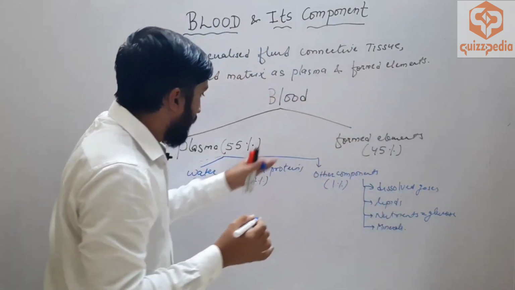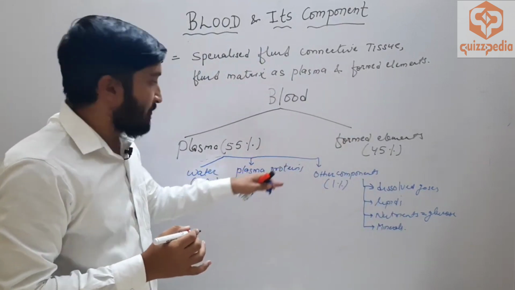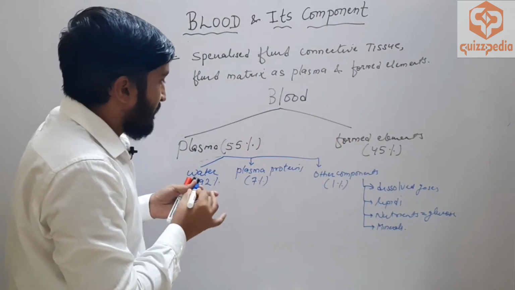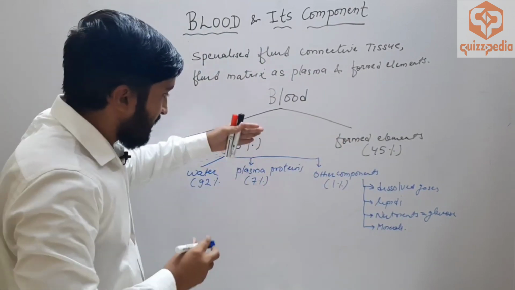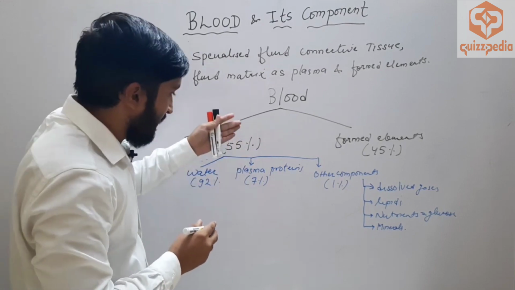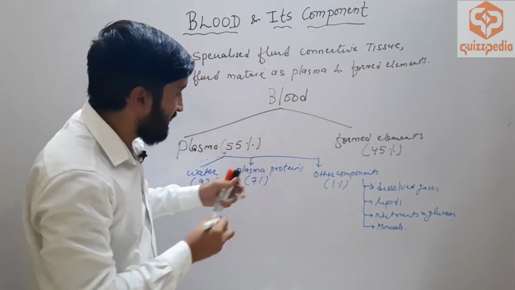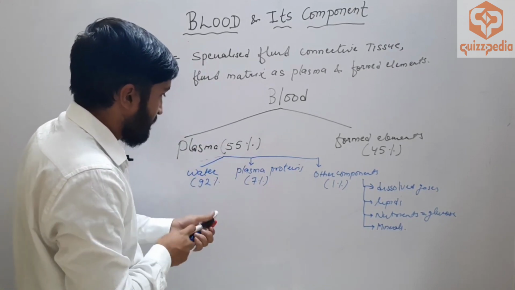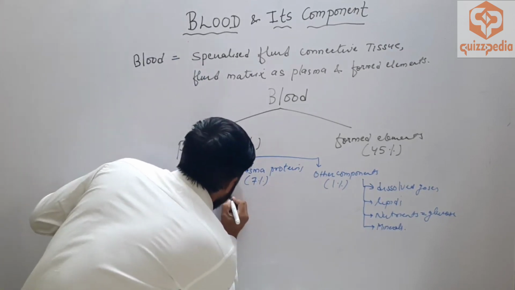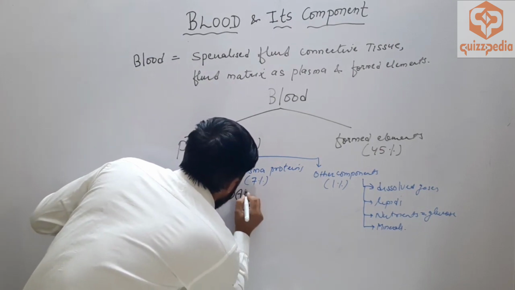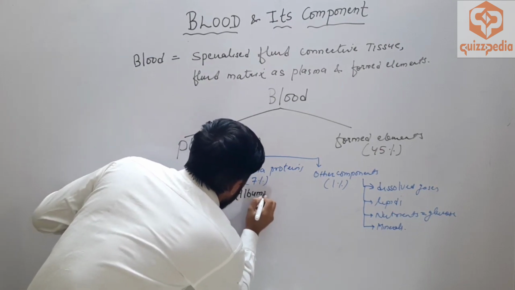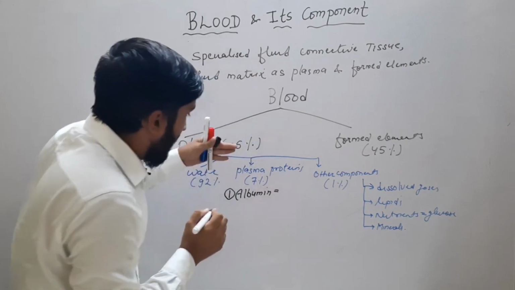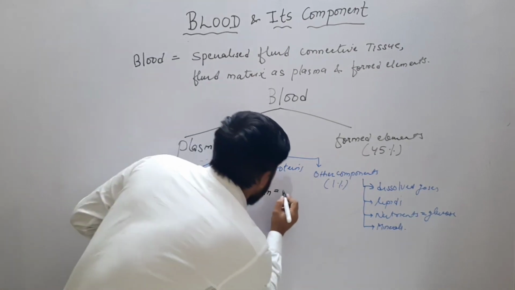So now let us discuss the plasma proteins. See, the plasma proteins are of three types, and in decreasing order of their abundance I am writing their names. First plasma protein is albumin, and it is helpful in maintaining colloidal osmotic pressure.